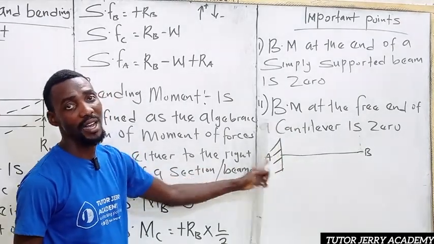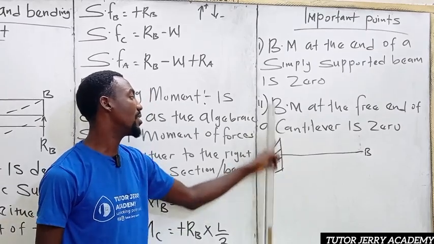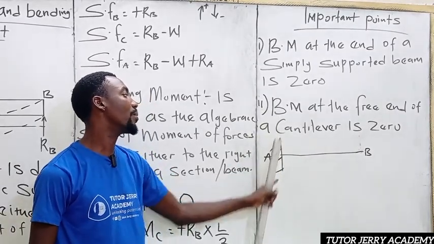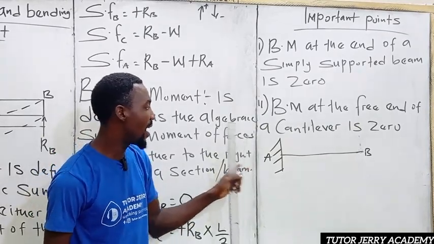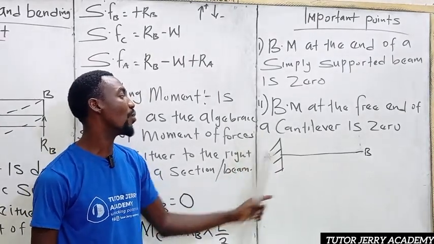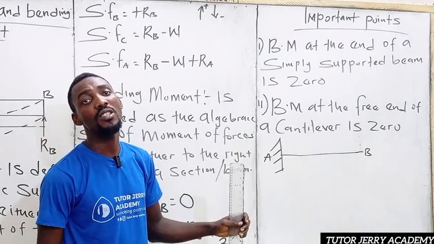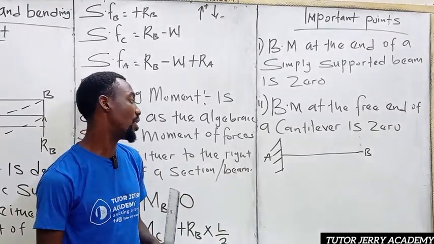And if you want to draw the free body diagram of this fixed end of a cantilever, how do you do that? You should know that this is a fixed support, and this fixed support does not allow movement in both x and y direction. So we are going to have reactions in both x and y direction plus a moment. Is that clear? And it does not allow rotation. All right.